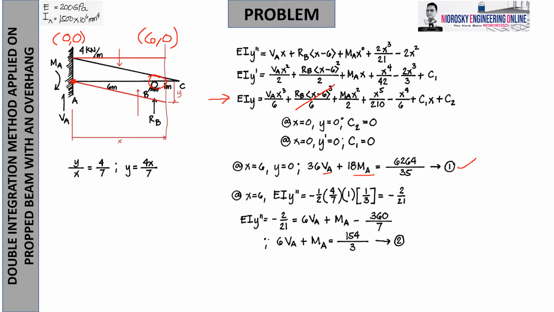Now, to get the next equation, notice that if we have this beam, for example, the beam will deflect like this. I want you to focus on the overhang: it can go down or it can go up, but one thing is common, both of them exhibit negative concavity.